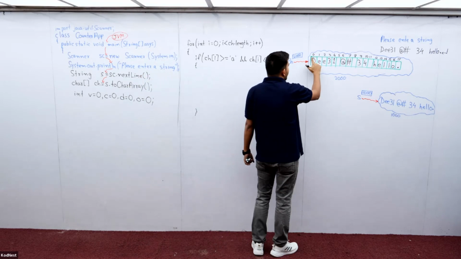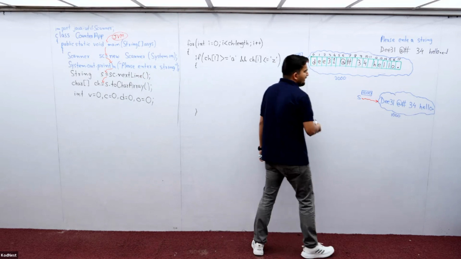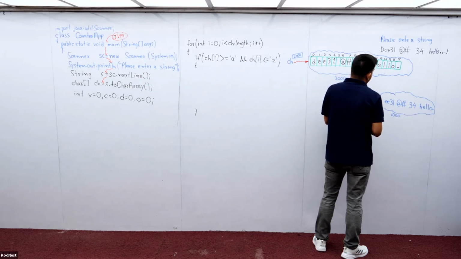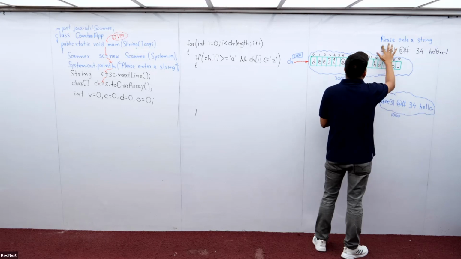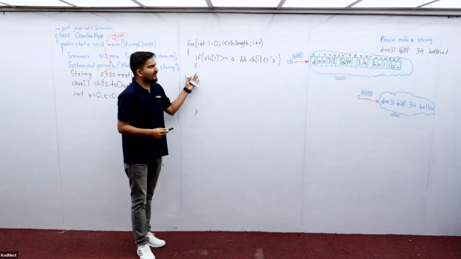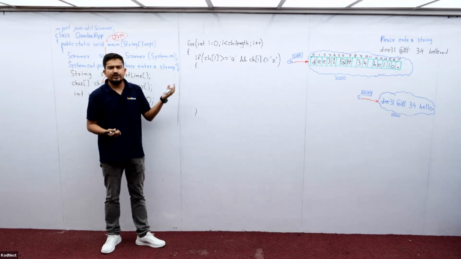As of now, in my input also, I'll change it to small d. If we are able to do it for small, we will also be able to do it for the capital. Here also I'll make it small d. Okay. So again, as of now, we are not checking whether it is vowel or consonant.